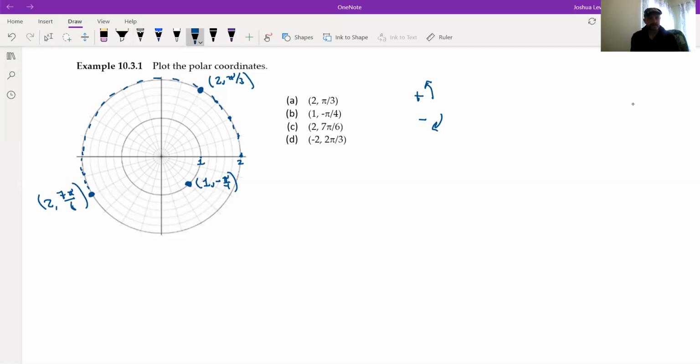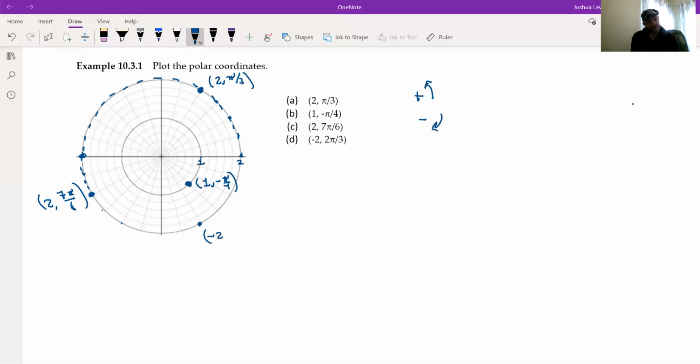And then how about the last one, (negative 2, 2 pi thirds)? Well, a negative radius means you start over here, right? And then we're going to still rotate in the positive direction, 2 pi thirds. So again, that's pi sixths, that's pi fourths, that's pi thirds. So 1 pi third, and then we're going to go 2 pi thirds, okay?